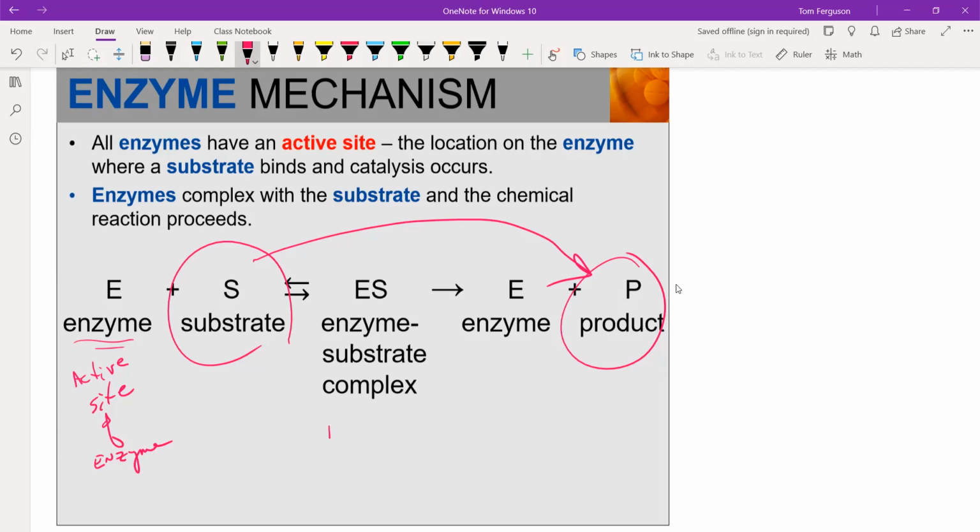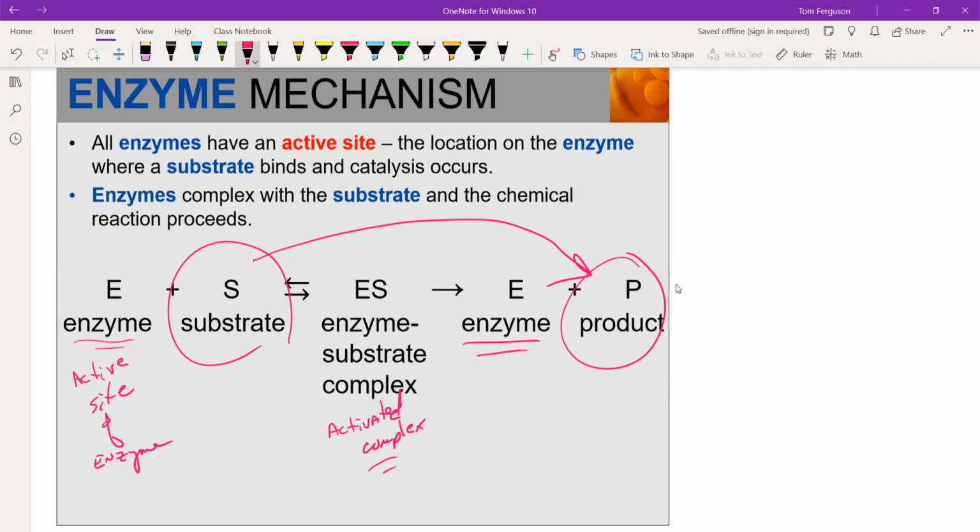It forms the activated complex. In biochemical terms, that's called the enzyme substrate complex, but it's the activated complex. And then the product is formed and the enzyme is rejuvenated.